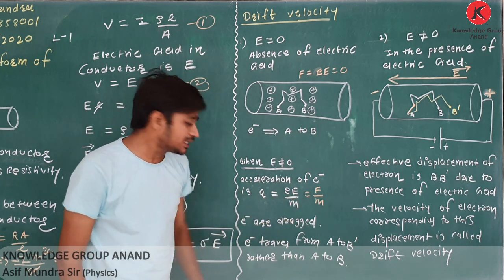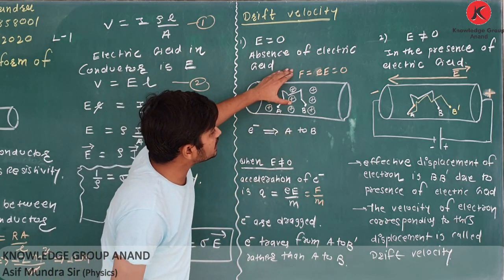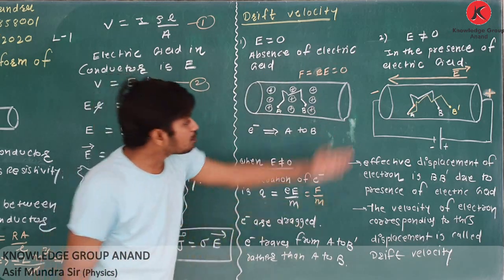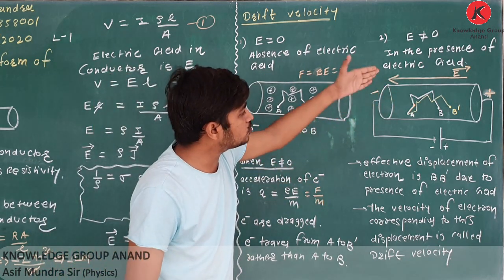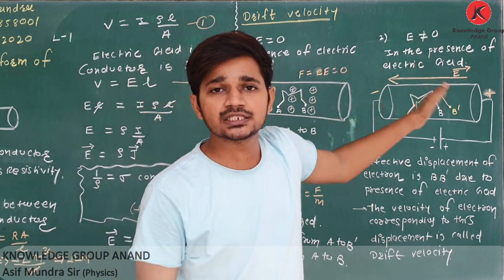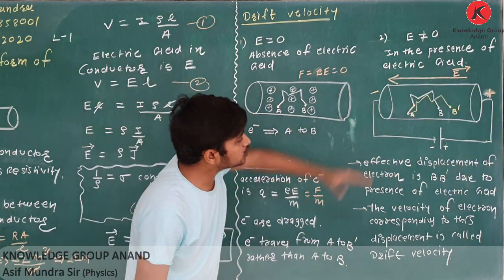Due to this acceleration, electrons are dragged. Now see, in the first case, due to external field, force acting is zero. But in this case, due to the external field, some force is acting.